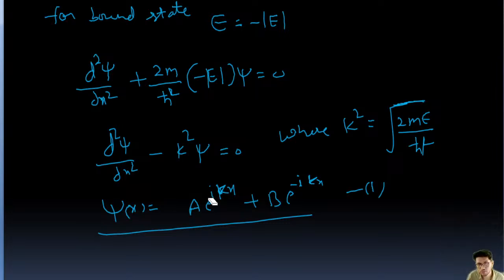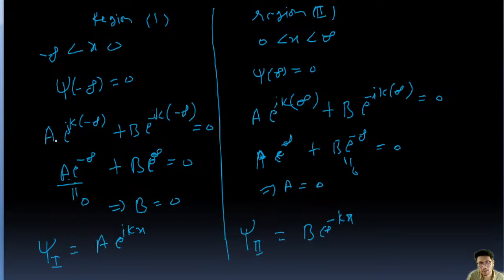The wave function is a e to the power kx and b e to the power minus kx. So there is no iota term, right? Okay, so iota is not there.